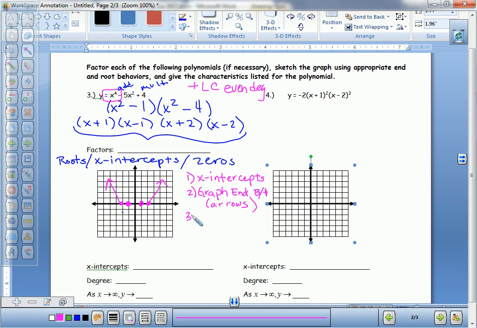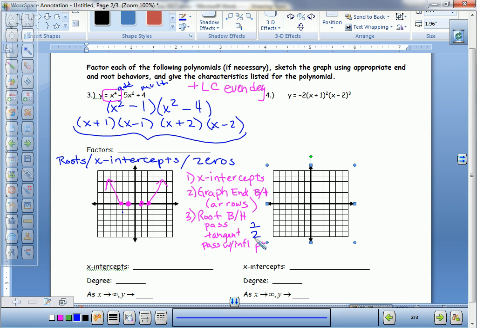And then the third thing you have to look at is your root behavior. Root behavior means, does it pass? Is it tangent? Or does it pass with an inflection point? Passing is a first degree: your factor is raised to the first power.